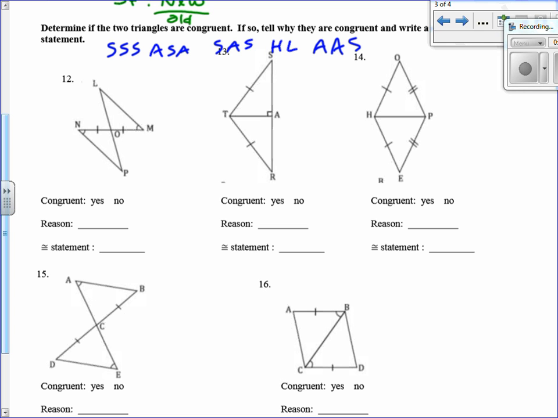All right. So now let's mark. So make a note. Mark. What do you mark? You mark the shared sides. And what else do you mark? Vertical angles, right. Okay. So what do I have here? What do I have to mark here? Vertical angles. What do I have to mark here? Short sides. What do I have to mark here? Attention. What do I mark here?